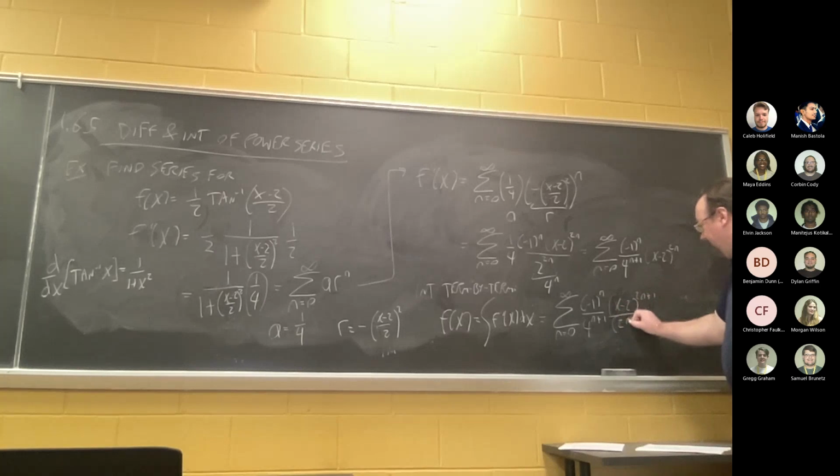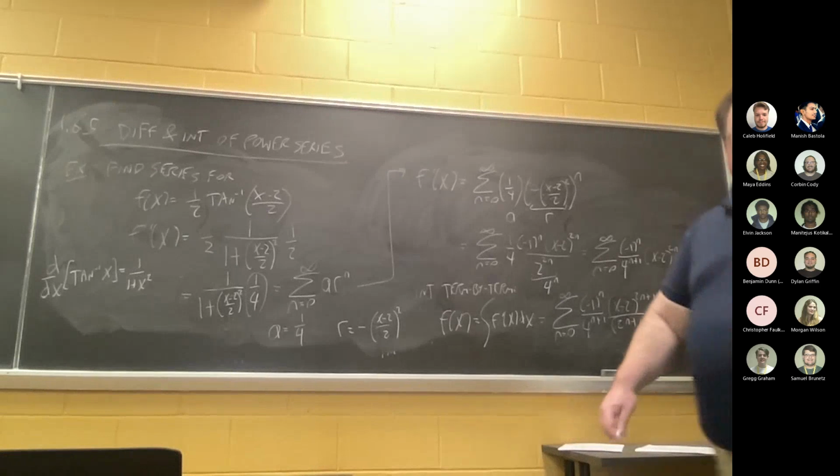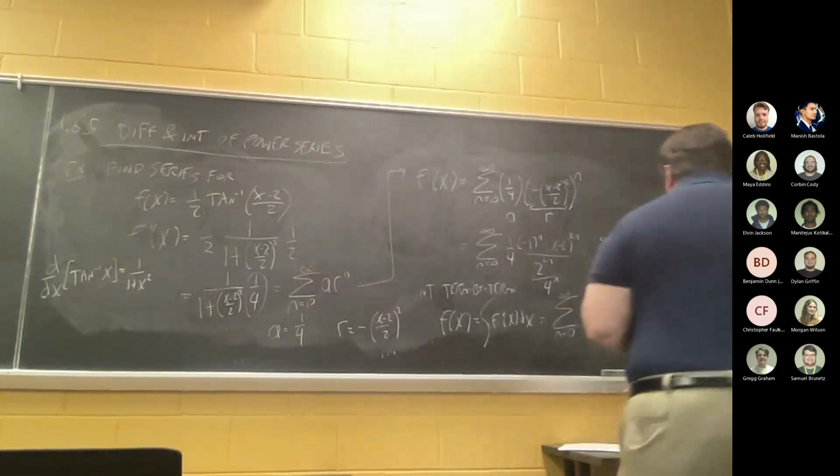Yes. Okay, so that part's taken care of, but I'm not done. What else do I have to write here because of what I just did? Plus C. Yes, you still have to concern yourself with the plus C. So we're almost done. Just have to deal with that.